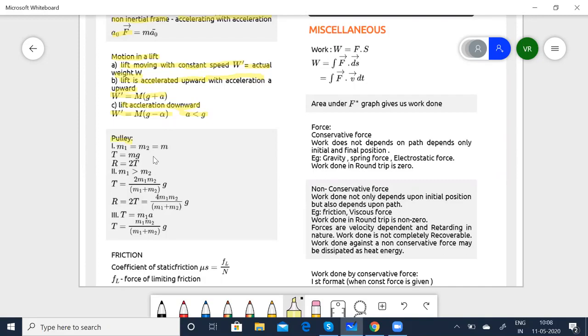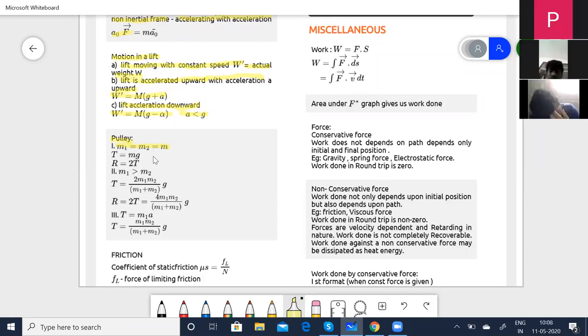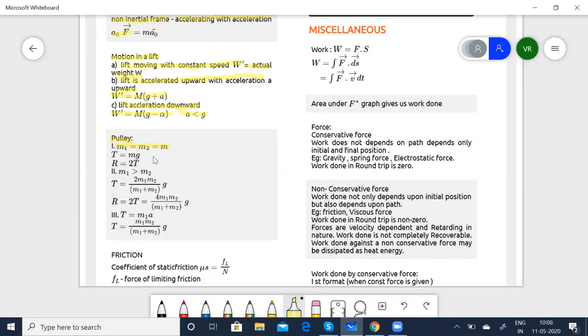So now coming to the pulley problems, m1 is the mass of the first body, m2 is the mass of the second body. Suppose m1 is equal to m2 is equal to m, that means both the bodies are of equal masses.